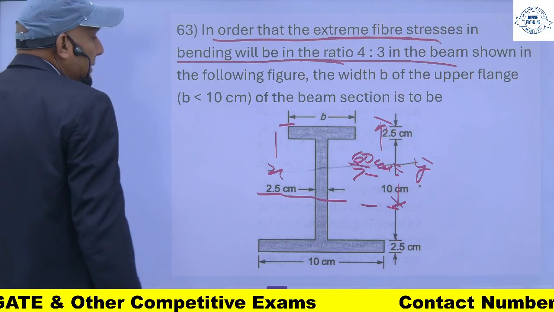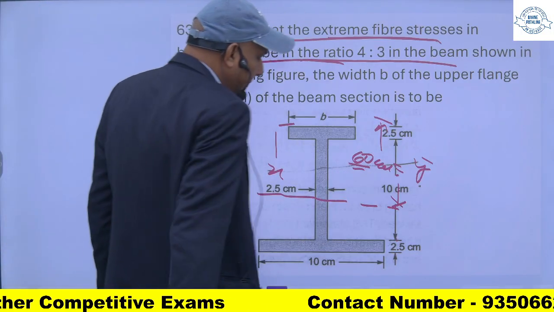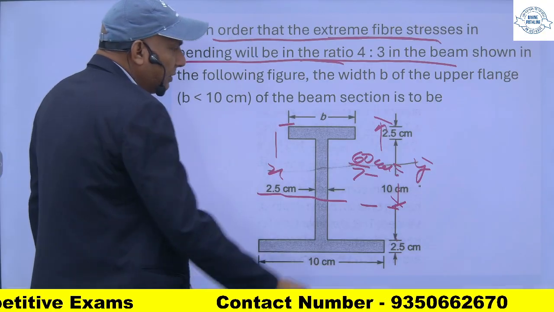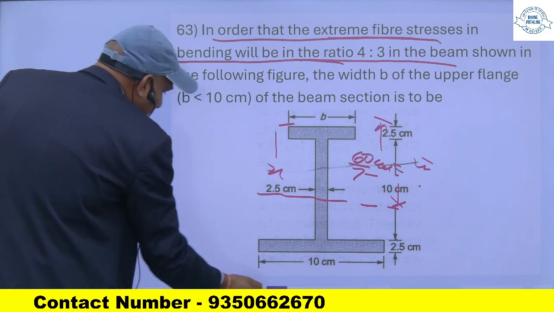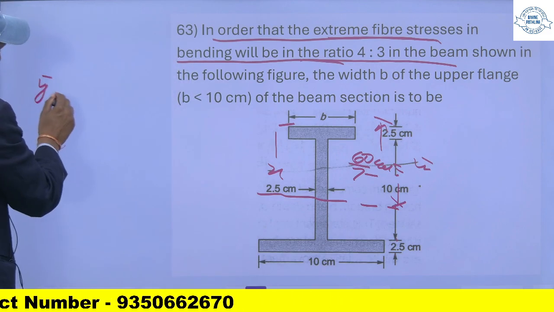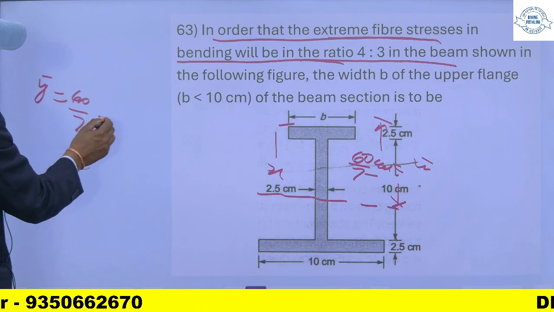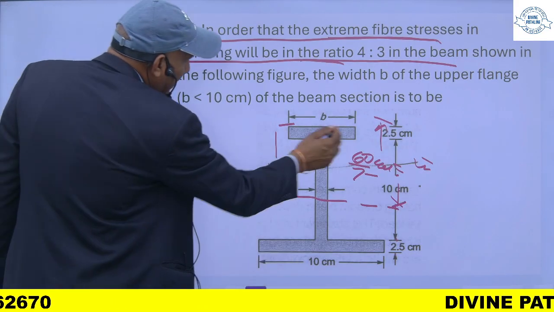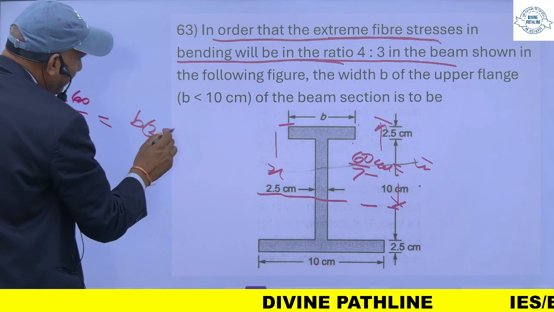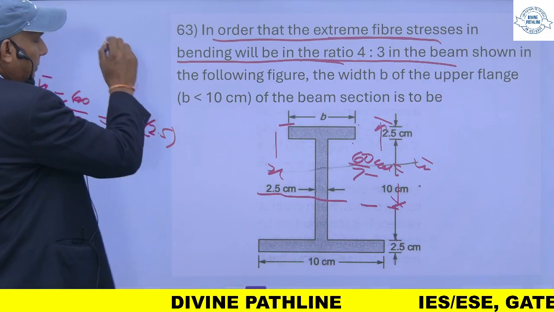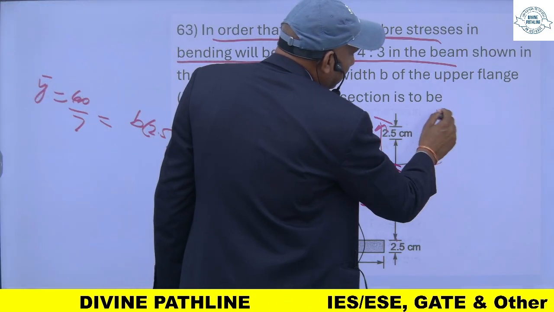So now this is 60/7 centimeter, and as we know, y bar is equal to 60/7, and this is equal to area of this, B into 2.5. What is the formula of y bar?